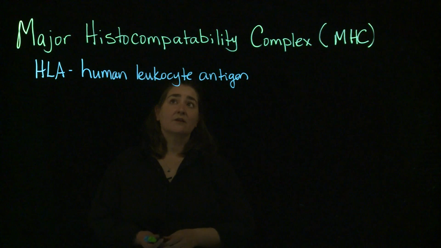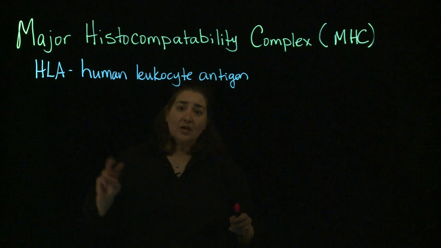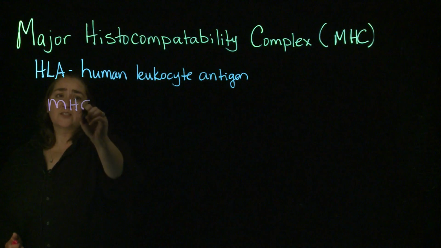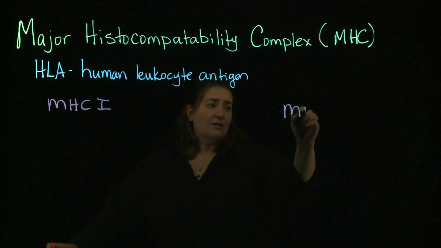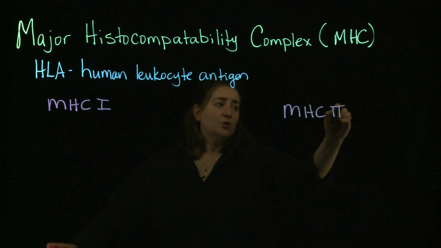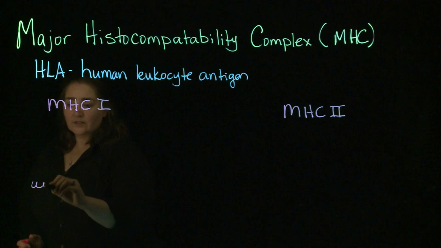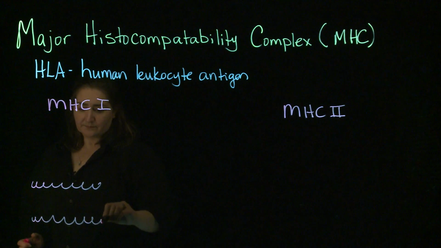So in terms of the MHC, we've got two types of MHC. We're going to have MHC1 and we're going to have MHC2. Both of these are going to be proteins.